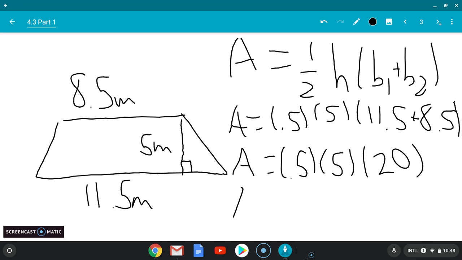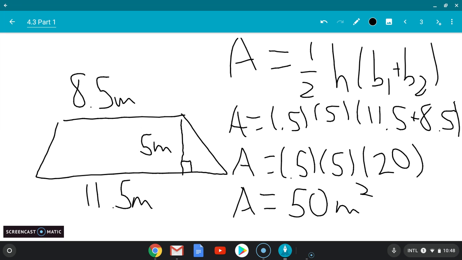After that, I could just multiply 0.5 times 5 times 20 in my calculator, and I'm going to get 50. So area equals 50. In this case, we were using meters, M for meters, squared. Okay, so hopefully that gives you a good idea of how to calculate the area of a trapezoid.